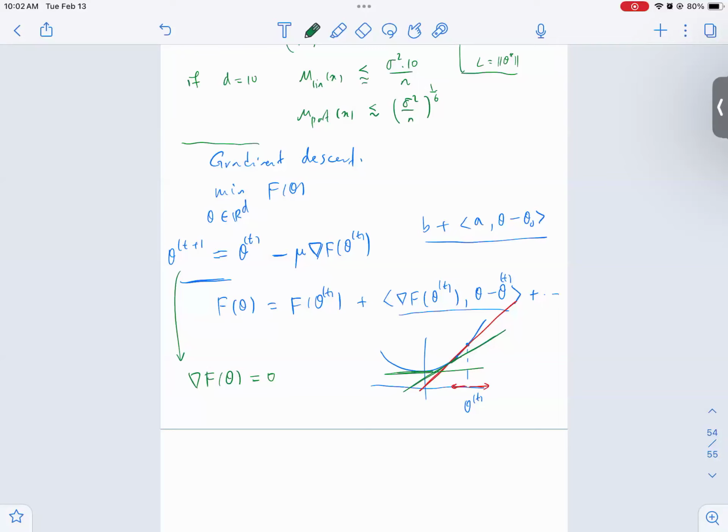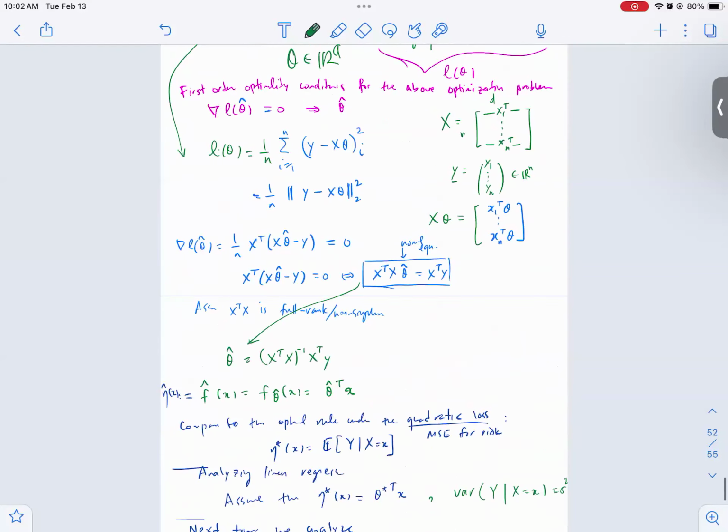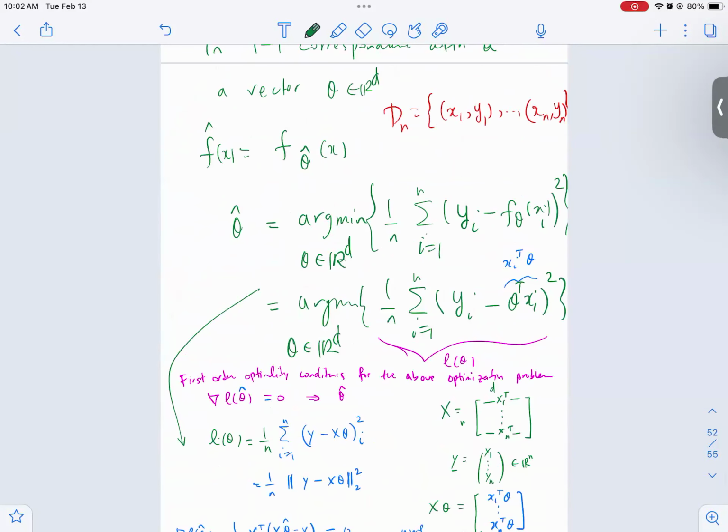So I can do this optimization by just calculating the gradient. We actually computed the gradient here.